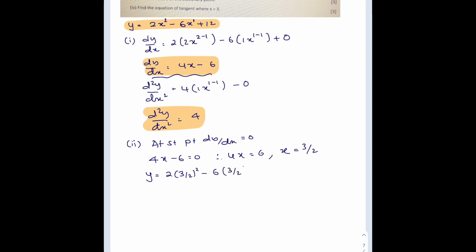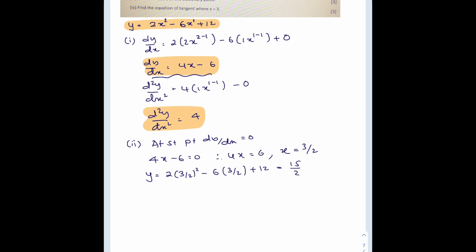So y is 2 times 3 over 2 squared minus 6 times 3 over 2 plus 12, 7.5. So that's 15 over 2.